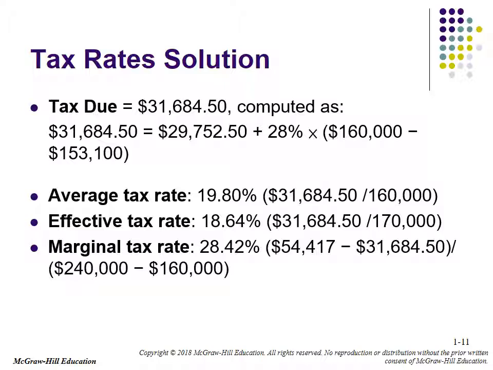If they increased, okay, yeah, this one's in here. Their average tax rate, marginal, effective. I'm just checking something out really quick here. 18.64%. Bear with me.